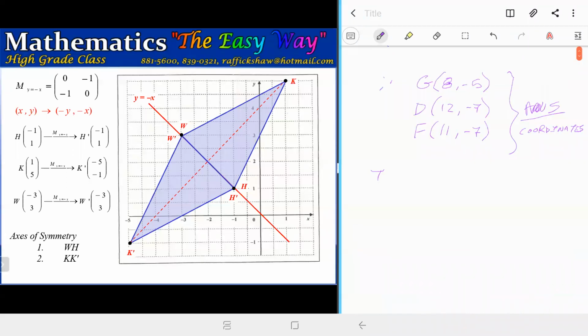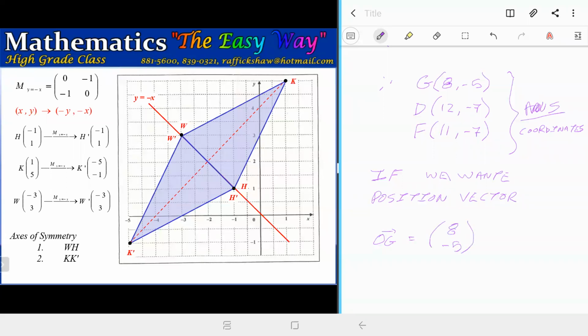All right, let me just work it out. If we wanted, let's write it out, position vectors, which we're going to learn as our next topic. You would have to write OG is 8, -5.